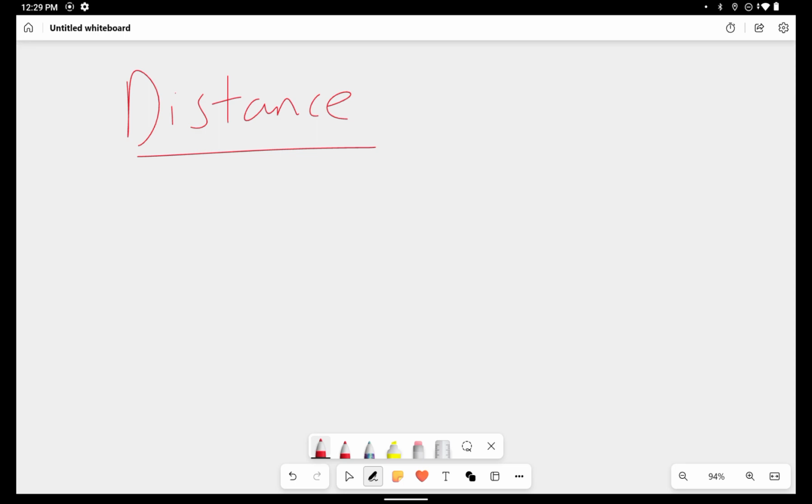Distance is generally defined as a scalar. So we have no need for its direction, simply the length. This is an important definition. It can come in your exam.